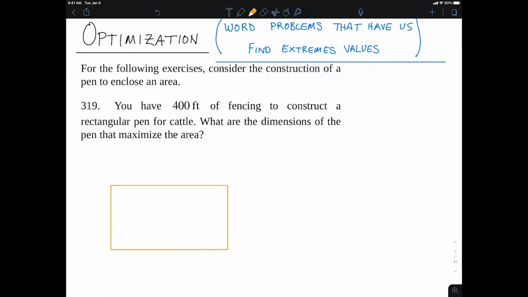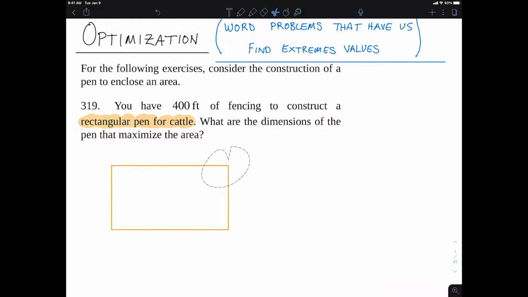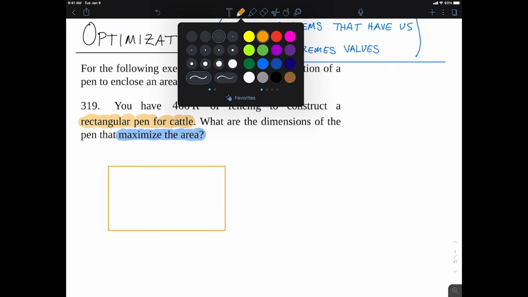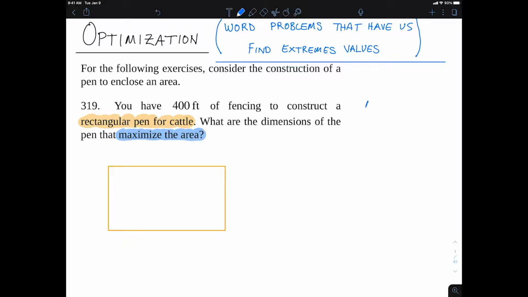I've now drawn a picture so that we have that visual representation, which can help us set up equations. The other thing we might notice is that we're told fairly explicitly what quantity we're trying to find the maximum or minimum of, and it's the area. So we want to maximize the area.